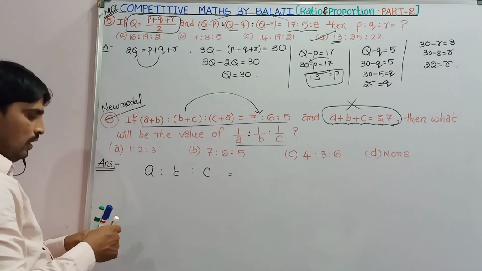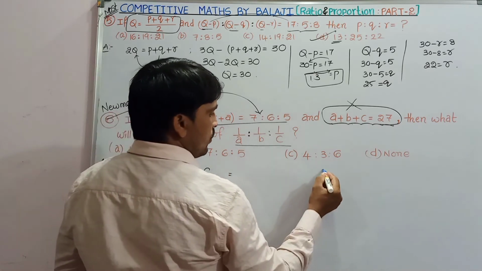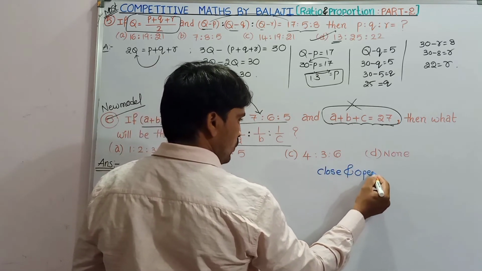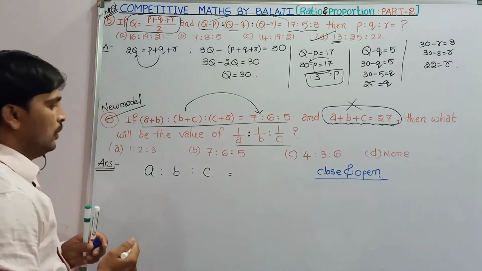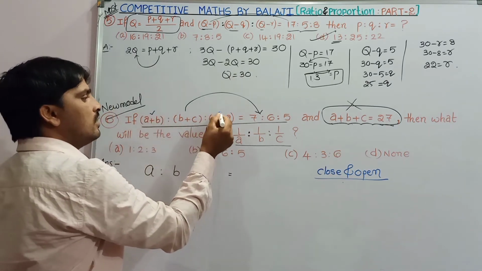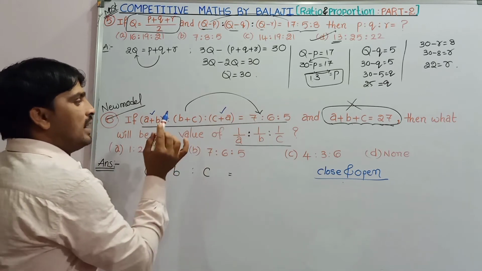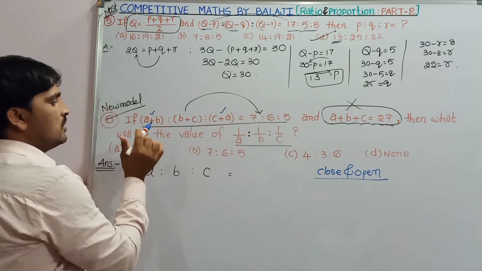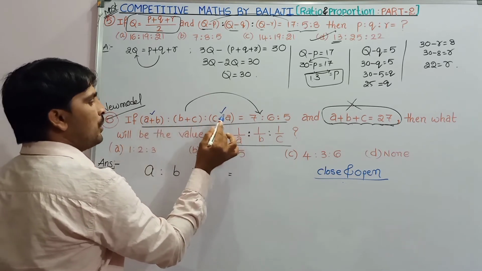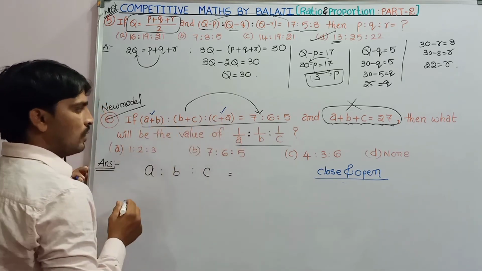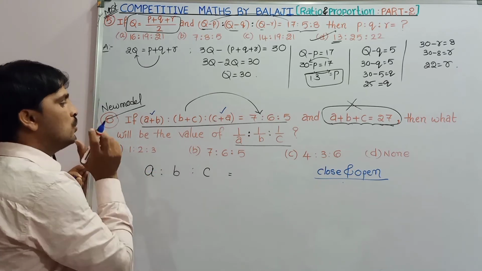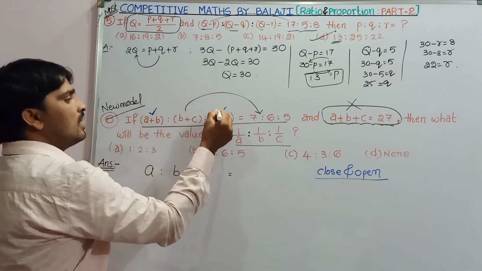This method is called close and open method. To get a, add first and third terms of the ratio and subtract the remaining term. See, a plus b plus c plus a, that is 2a plus b plus c. To get the ratio a value, add first and last term.